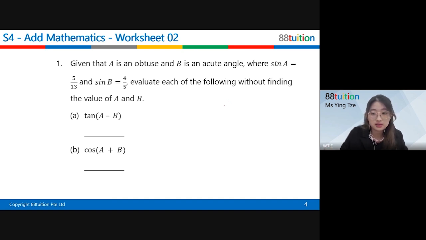Do you have any answers for part A? Okay, no problem.